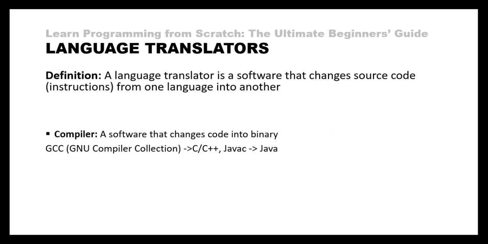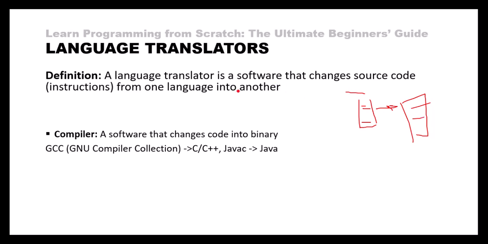It gets the source code that you write. So you're programming in VS Code here, you write your instructions like this, and it's going to change these instructions into another language. Sometimes it could be binary, sometimes it could be another programming language. So the software that is responsible for doing that job is called a language translator.